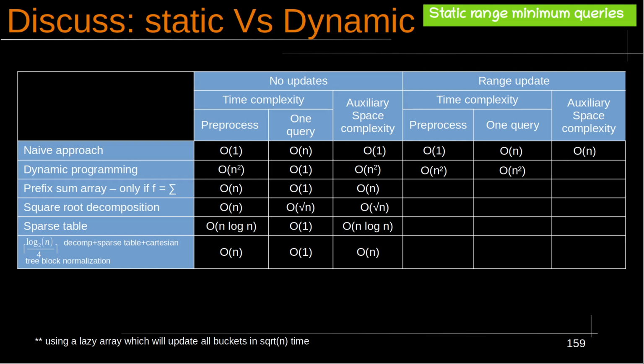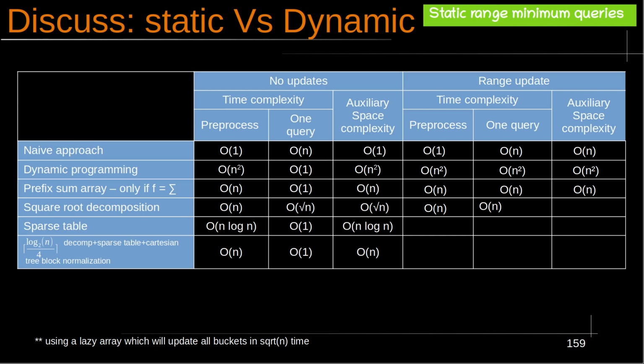Each time we have an update, we have to pre-compute all the answers and answer the query. Same if we have the sum here, we have to rebuild the prefix sum array each time we update the original array. So that's why the time complexity of a single query is linear here.